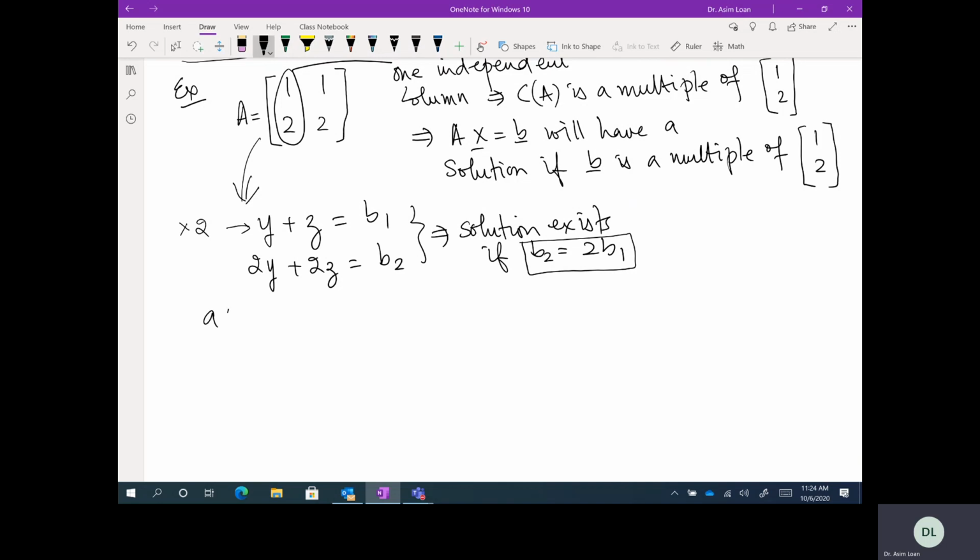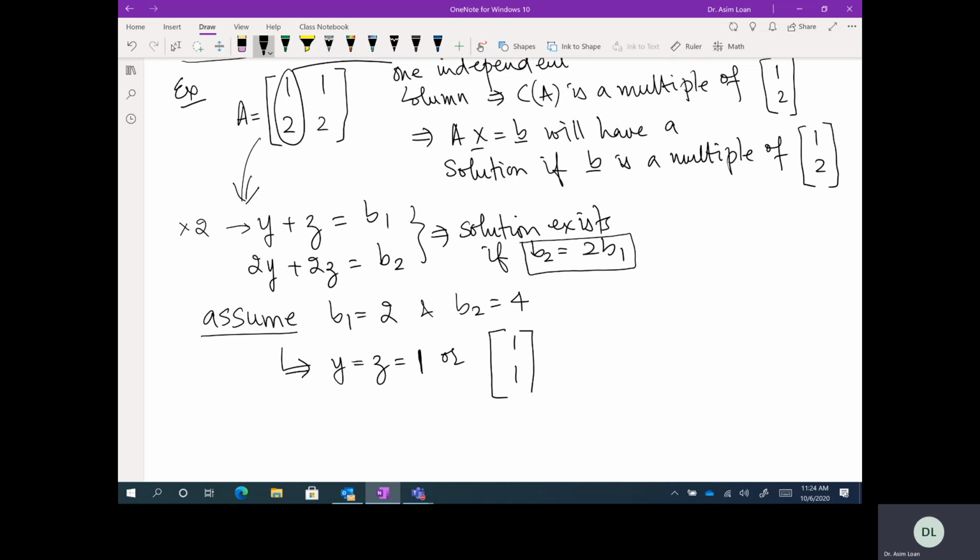Okay, so assume b1 is equal to 2 and b2 is equal to 4. So this implies y is equal to z equals 1. This is a solution. y equal to z equal to 1 is a solution, and this 1, 1 is x of p. So x of p is equal to 1, 1.